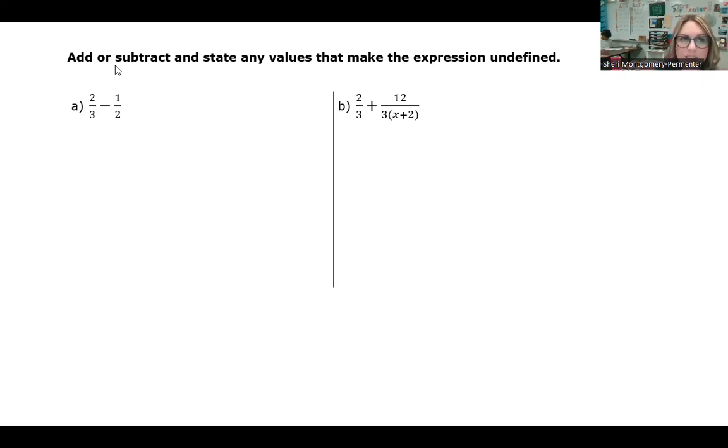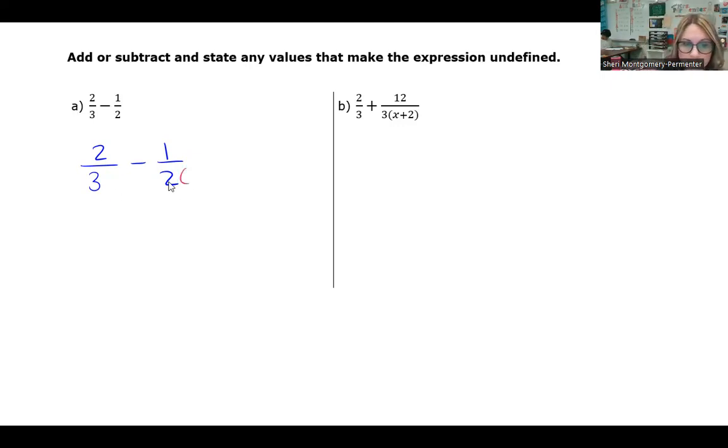So right now, my denominators are 3 and 2. To get a common denominator, I have to multiply both fractions by what's missing. So this one has a 3 in the denominator. This one doesn't.